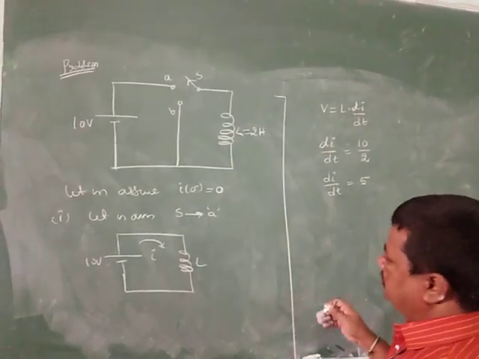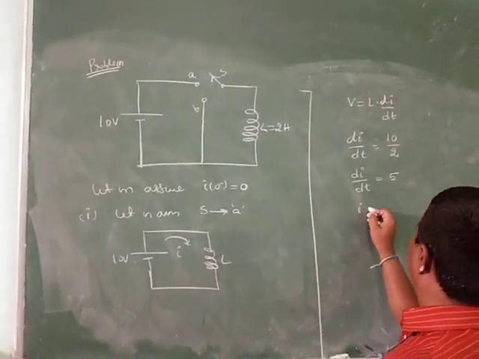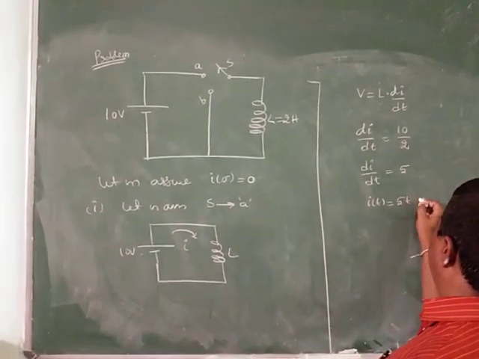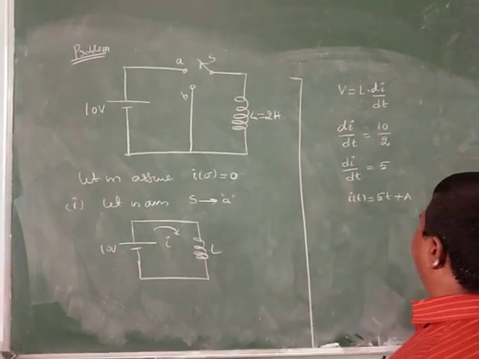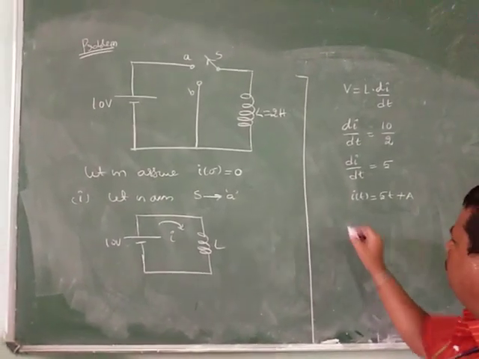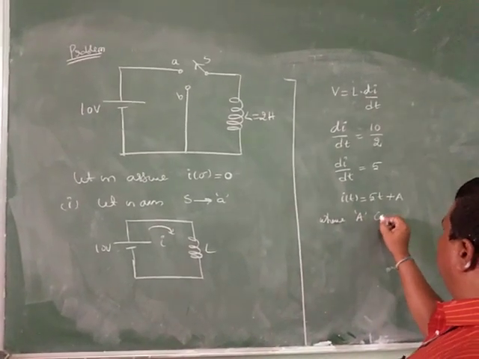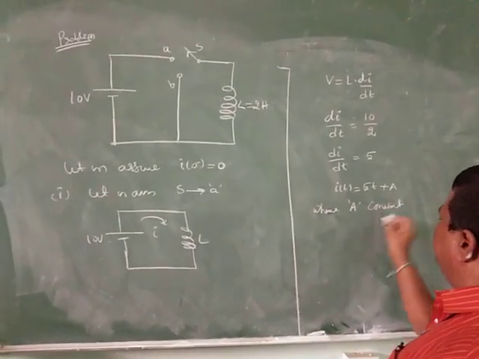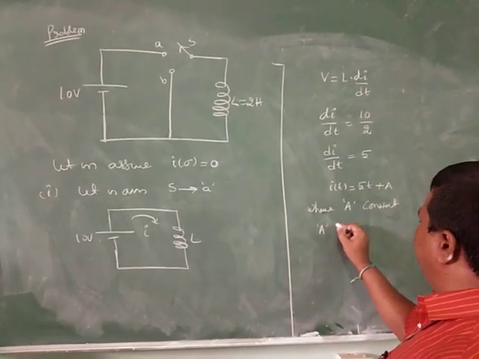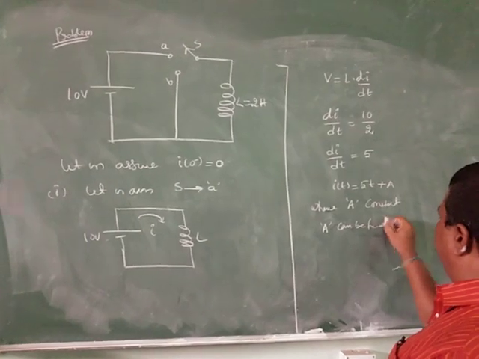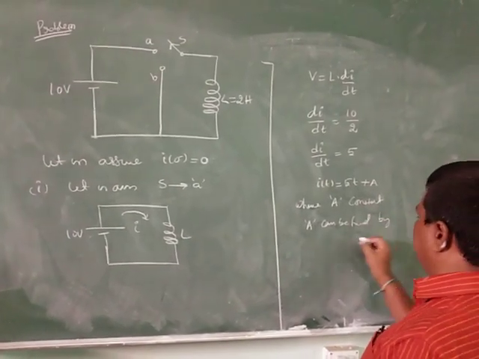Then again integrate. Now I of t is equal to 5 into t plus A, where A is a constant. The A value can be found by using initial conditions.